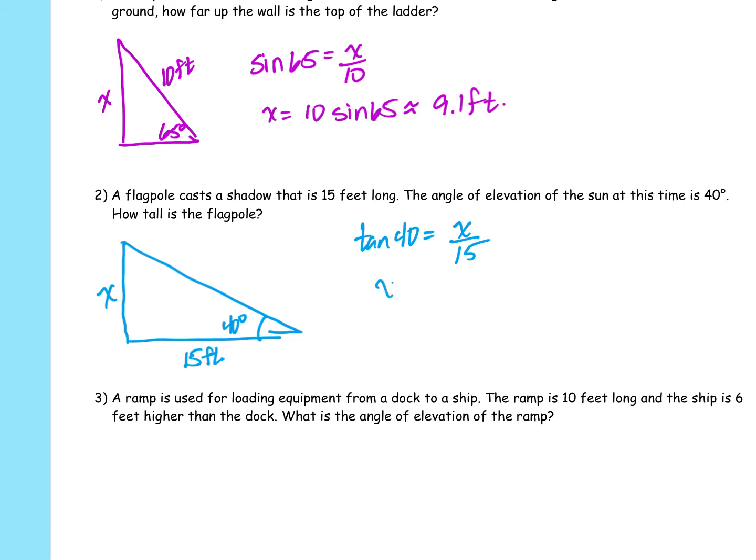X is going to equal 15 tangent of 40. I did divide instead of times. Okay, so 15 tangent of 40 is going to be 12.6 feet tall. So the flagpole is 12.6 feet tall.